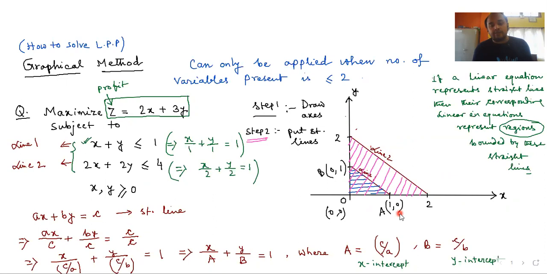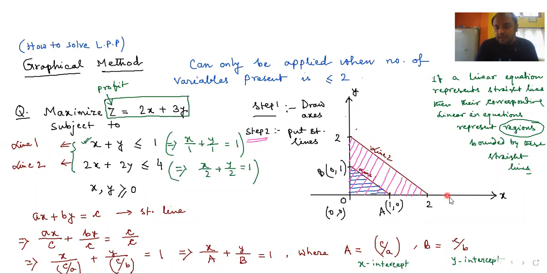This region contains infinitely many possibilities for x and y, but we shall not consider those infinitely many possibilities. It is not possible. So the theorem helps us in this regard, and it says that you don't have to look for infinitely many possibilities. You have to consider the corner points only. Deal with the corner points and you are going to get your optimality. And that's why I have considered this situation.